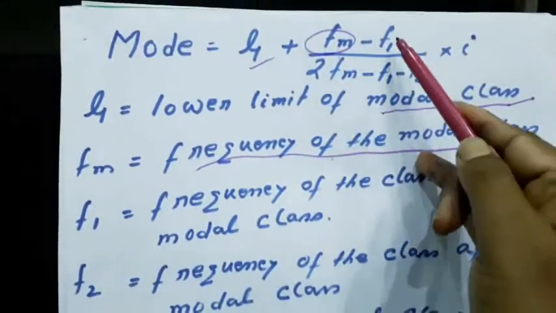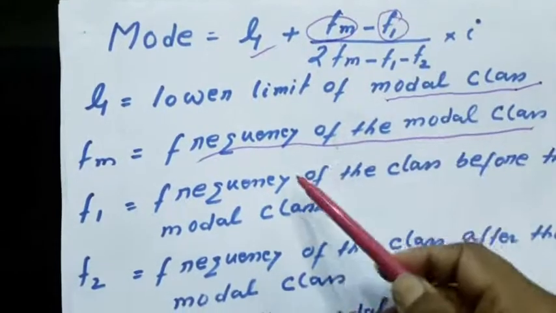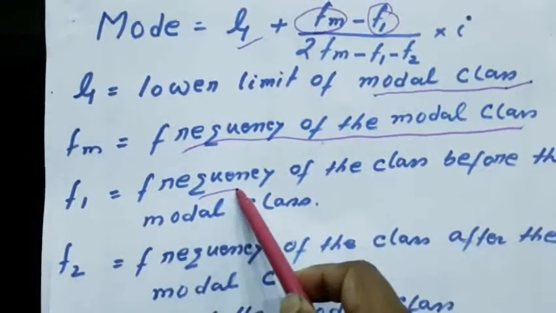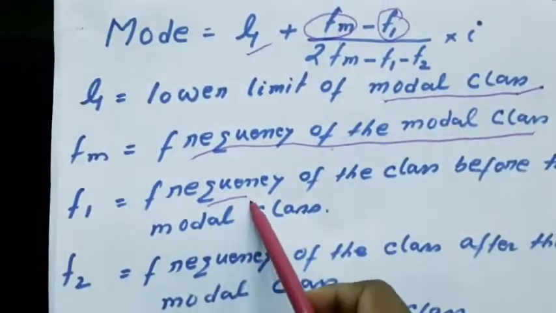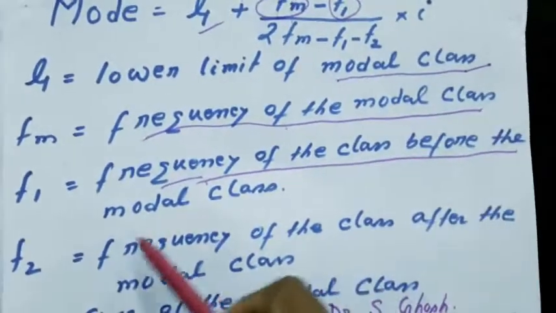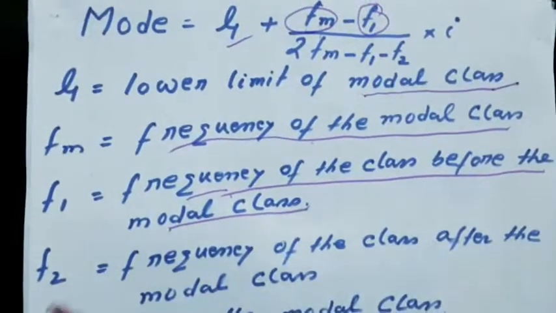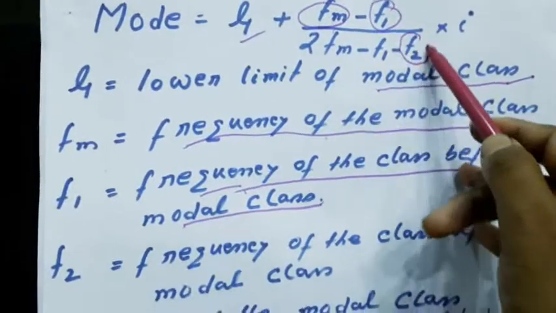And what does this F1 represent? F1 represents the frequency of the class before the modal class. And what does this F2 represent?